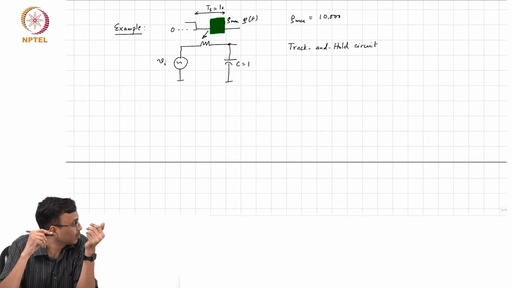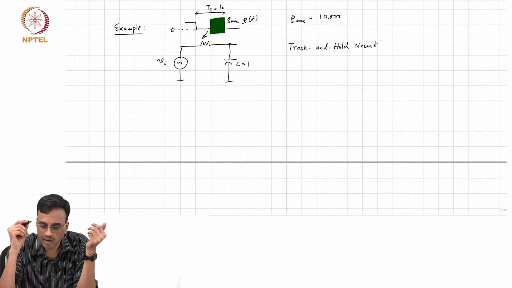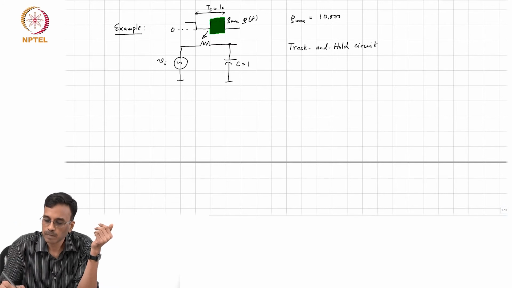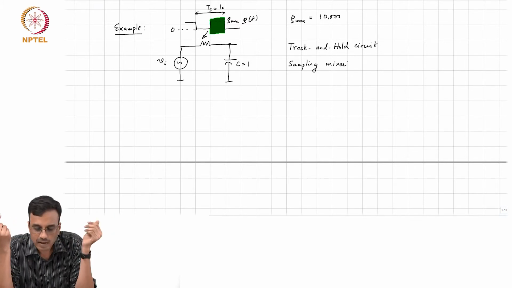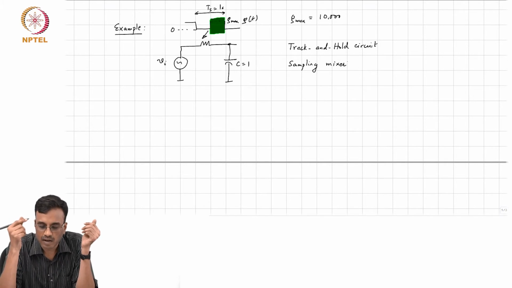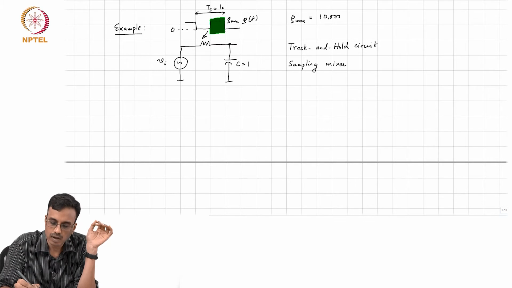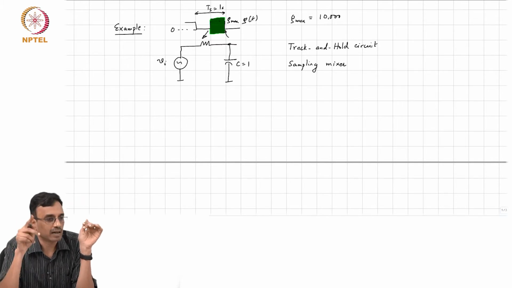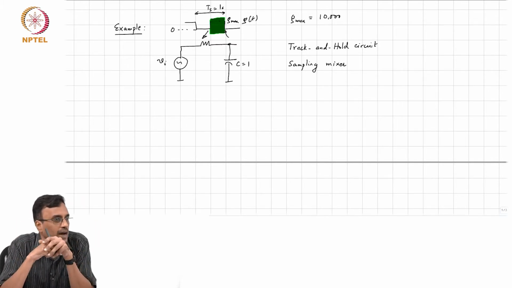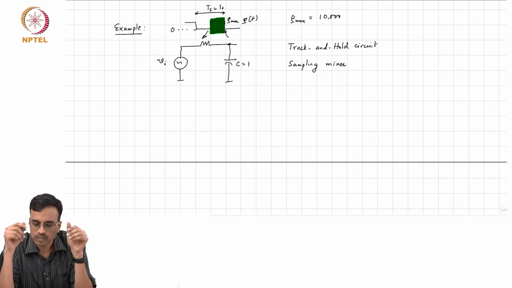And sometimes the RF guys call this a sampling mixer, right, for obvious reasons. And the effective sampling instant is the moment the conductance goes from a high value to a low value.